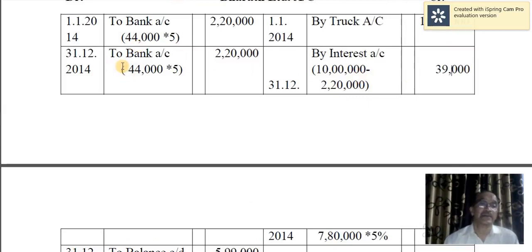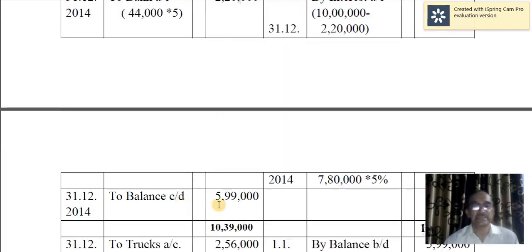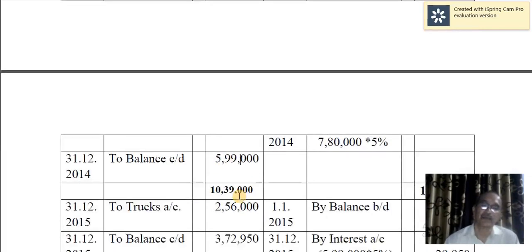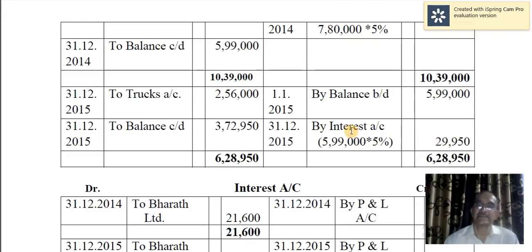Then you are making the payment of first installment 44,000 into 5. Therefore, that comes to 2,20,000 again. Therefore, balancing figure is 5,99,000. So at the beginning of second year, balance brought down is 5,99,000. And interest for second year is on 5,99,000, the balancing value at 5%.